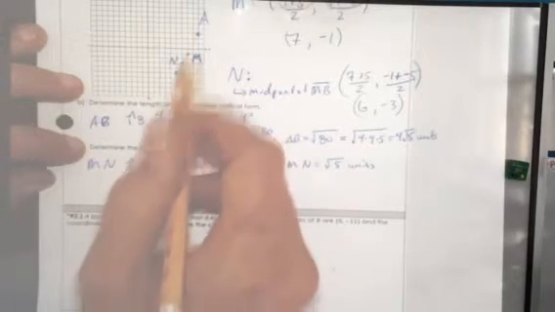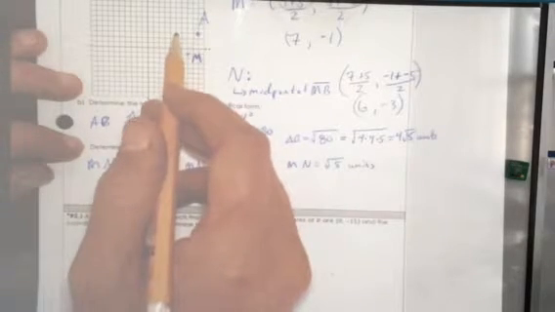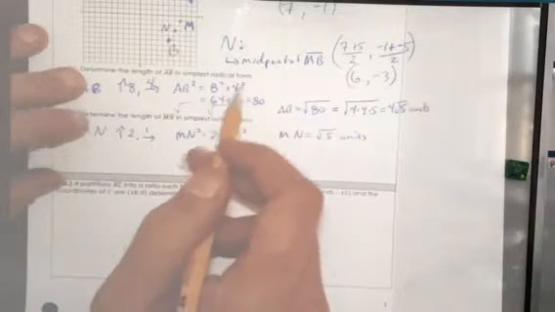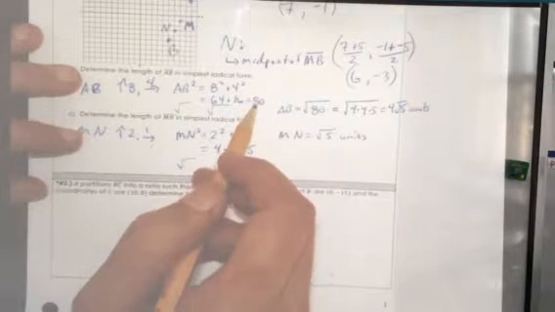So to find this diagonal length, we're going to square the move up, square the 8 and get 64. Square the move to the right, square the 4 and get 16. So we see the diagonal squared equals 8 squared plus 4 squared equals 64 plus 16 equals 80.